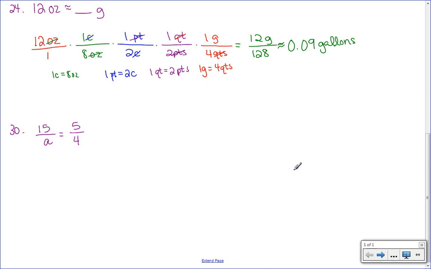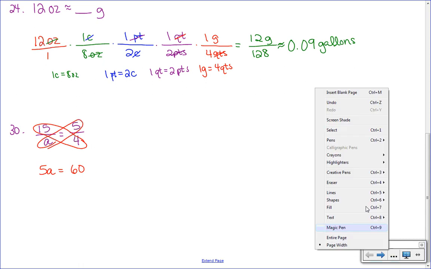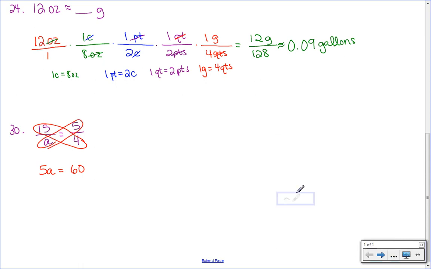And of course we solve proportions using cross products. So we start with the one that has the variable. A times 5 is 5A. And then the other one, 4 times 15 is 60. And of course, to finish solving this, we want to get rid of the 5, so we'll divide both sides by 5. We get A is equal to 60 divided by 5, which is 12.